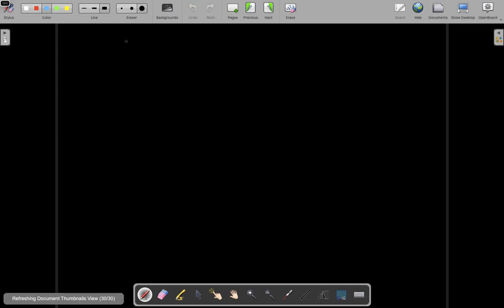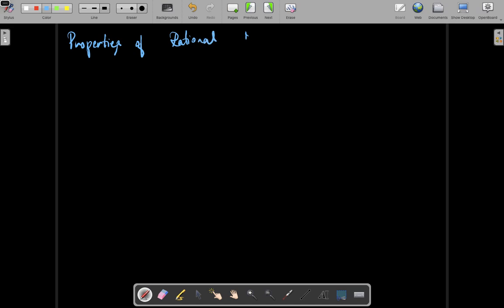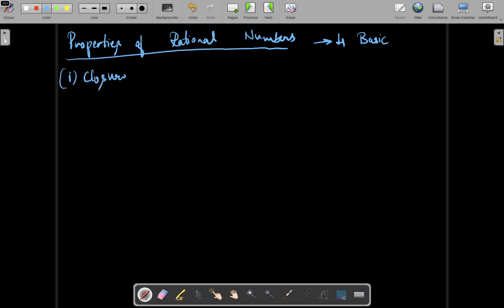Next. Let's move on to properties of rational number. Basically, there are 4 properties, 4 basic properties. Let's see one by one. The first property is closure property.